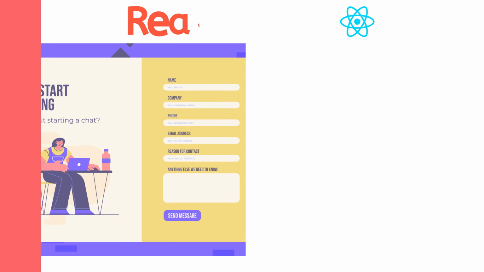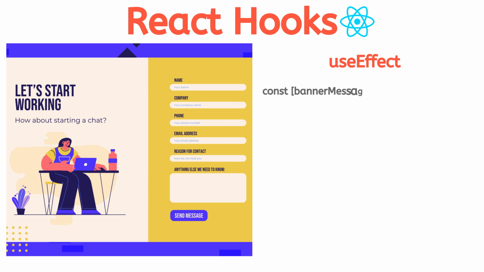The second one is useEffect. Consider the same web page, where on the left side we have a let's start working message.